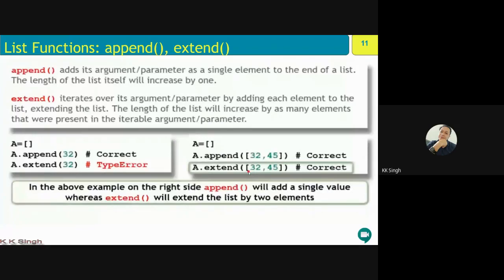So it will take. Now this is correct, but over here this gives the exception, that is type error. So in this example, append adds a single value, whereas extend will extend the list by two elements or the complete structure. Hope this is clear, and this is the little difference between append and extend.